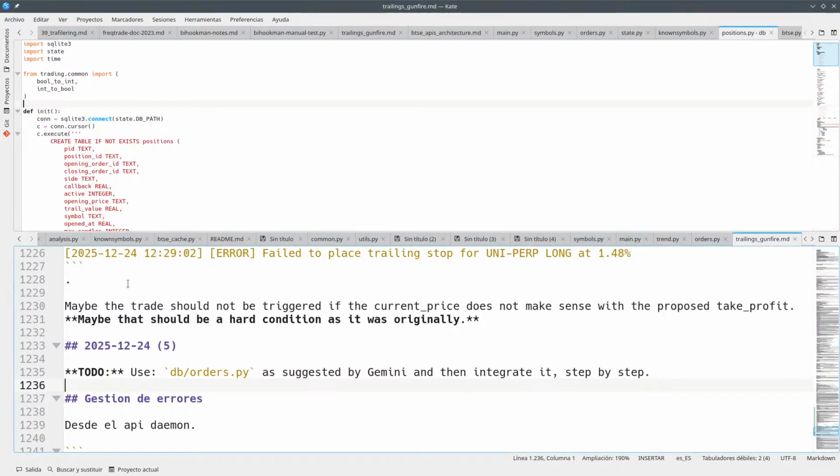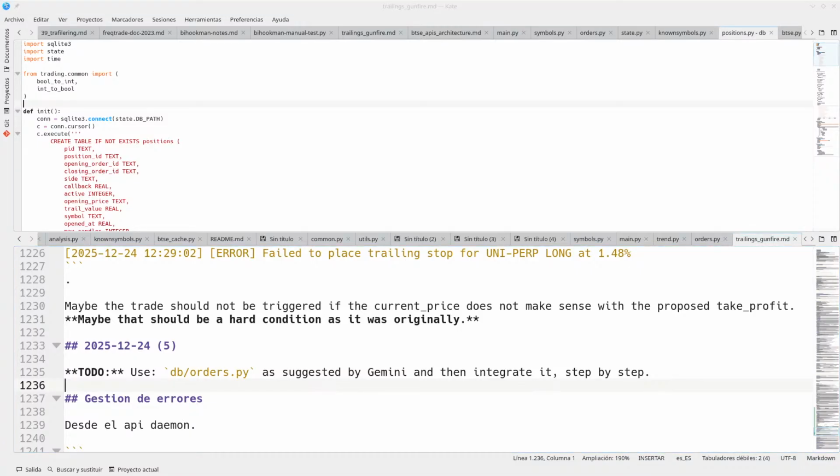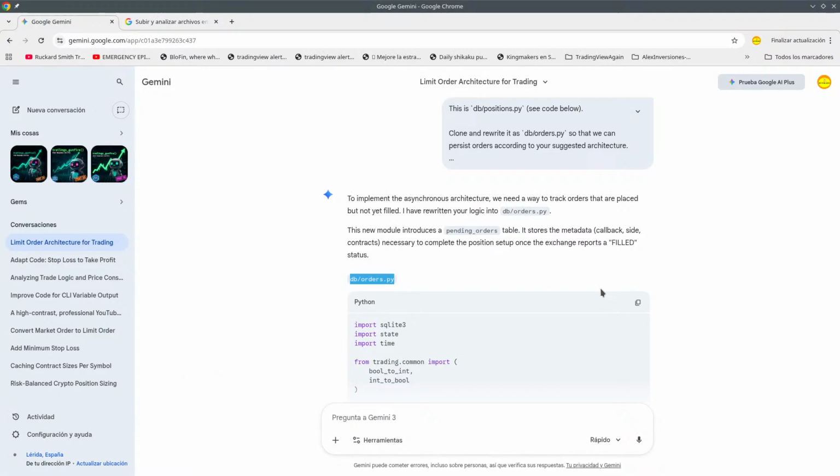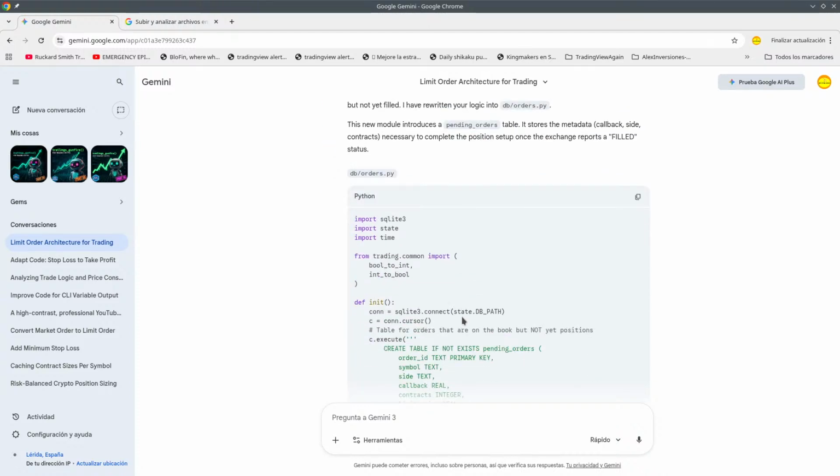So we can have more time in order to do this dborders.bi thing, which we can add in, and it won't cause any problem because we are just adding it and we are not actually using it. So this is dborders.bi with the pending orders table.